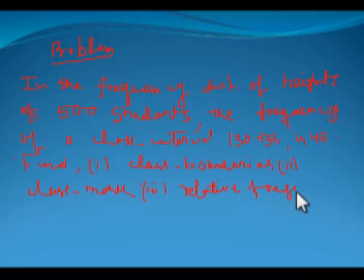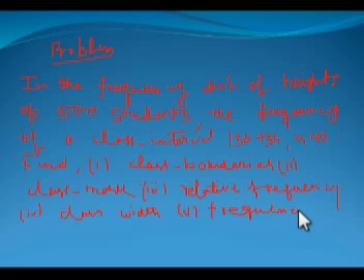Fourth is class width. And fifth is frequency density.